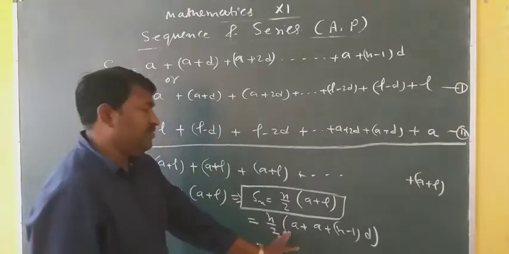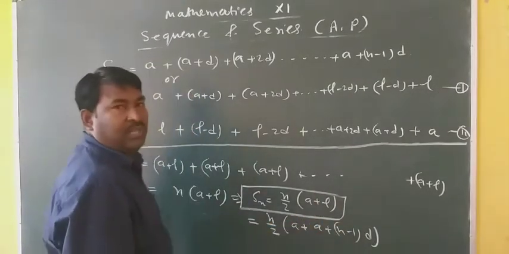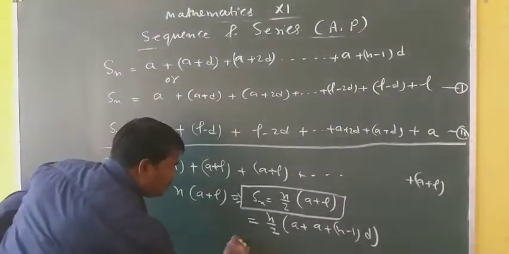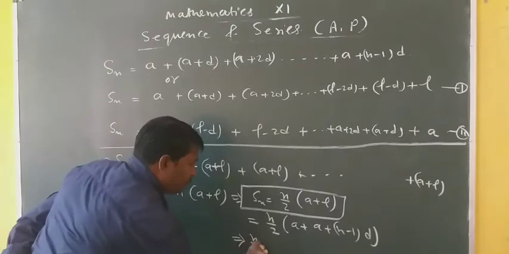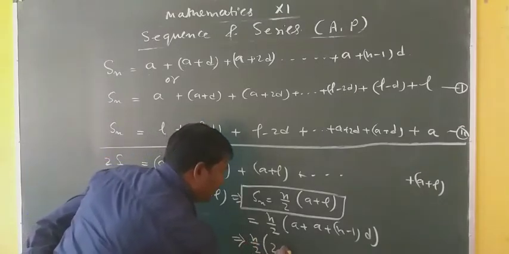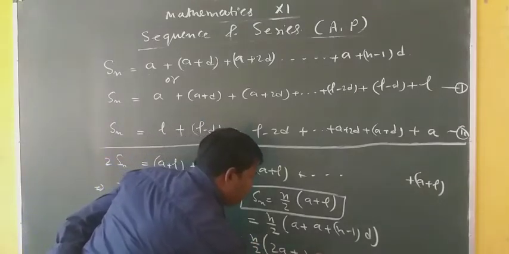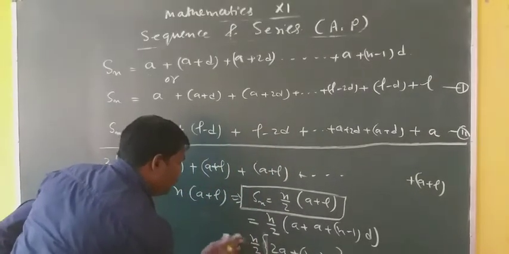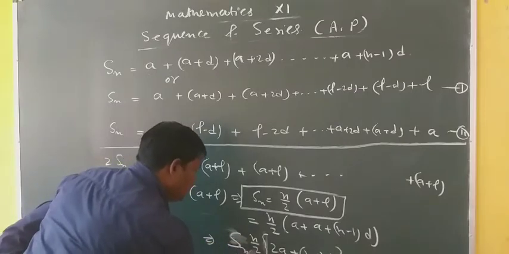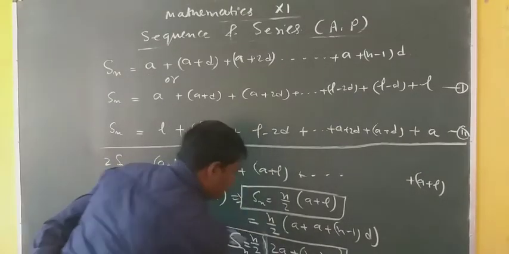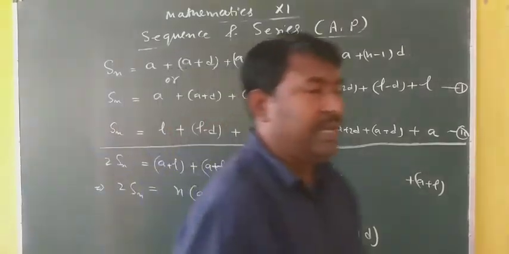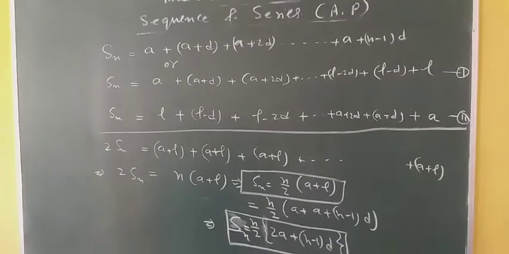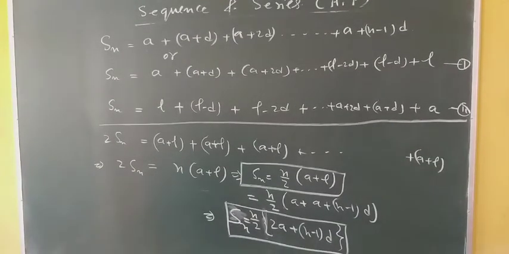But if the first term and common difference and total number of terms are known, then you can use this formula. So this implies that Sn is n by 2 into (2a plus (n minus 1) into d), like this you can write. So this is your Sn, means the sum of n terms of an AP.